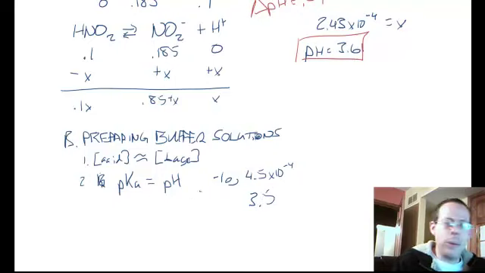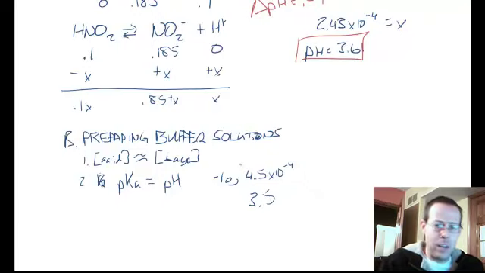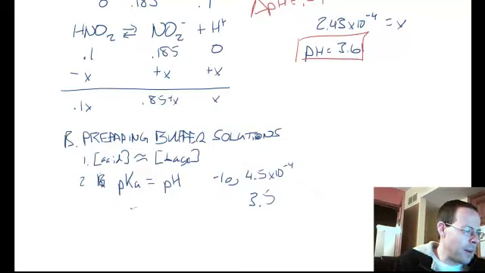So if we wanted a pH in the 4.5 range, we could not use nitrous acid. We'd have to look in a table and find a Ka that has a pKa similar to the pH that we want our buffer to be at. Typical buffers in our body are made up of bicarbonate and carbonate.